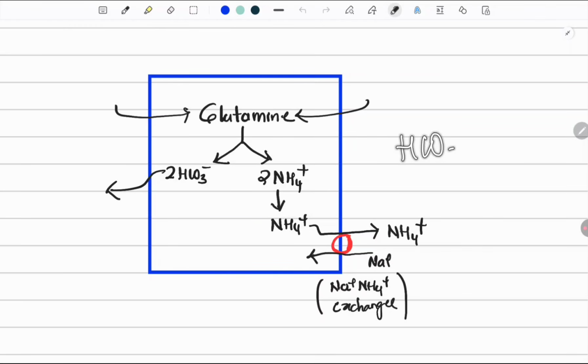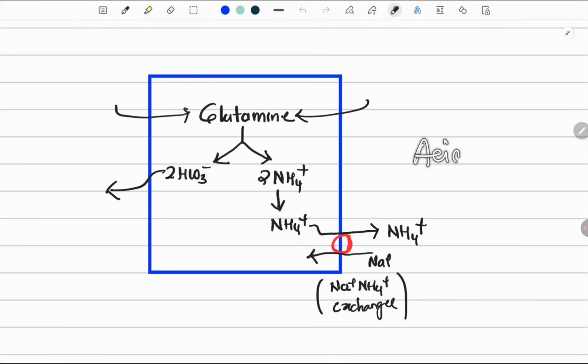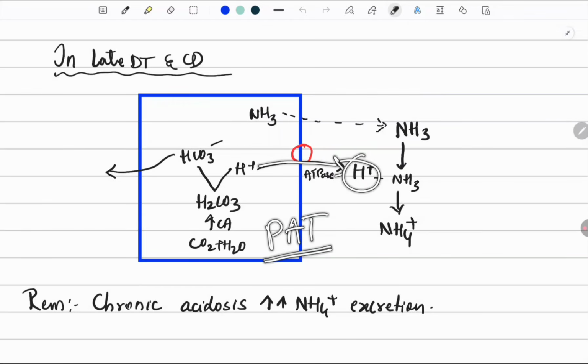So what is this bicarbonate going to do? It is going to buffer the H plus ions which are in excess in the extracellular fluid, and this occurs in acidosis. Now how is this going to occur in the late distal tubule and the collecting tubule? Again the same mechanism. The H plus which is produced is secreted into the tubular lumen by means of primary active transport. Already I have explained this.